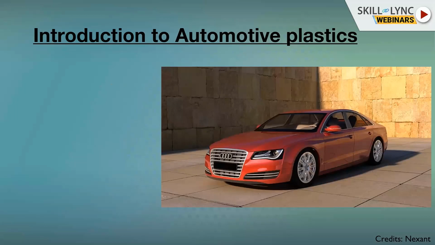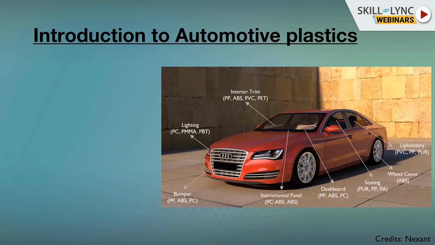Now here we can see a car, and let's find out where we use plastics in the car and what plastics we use. You can see that in interior trim, lighting, bumper, instrument panel, dashboard, seating, wheel cover, upholstery, and many more places we use plastics. And there is not one kind of plastic that we use.